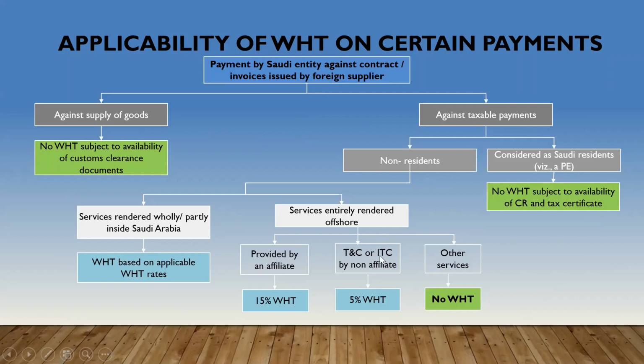If it is not relating to international telecommunication or technical services and services are performed entirely outside Saudi Arabia, then it would not be subject to withholding tax in Saudi Arabia.